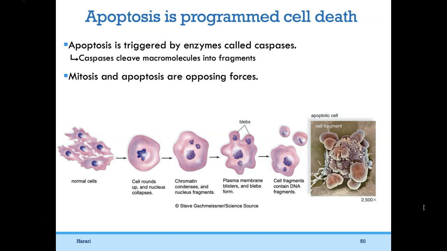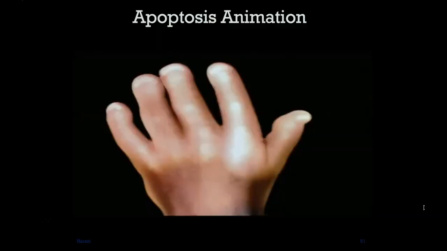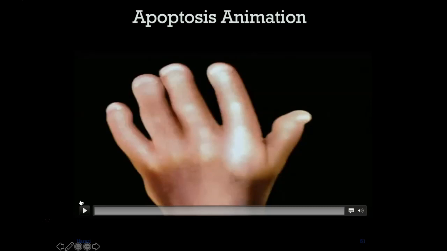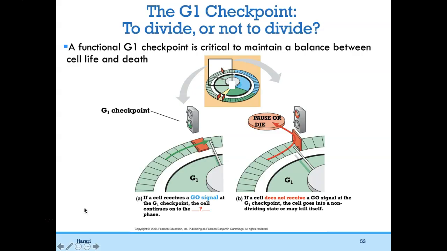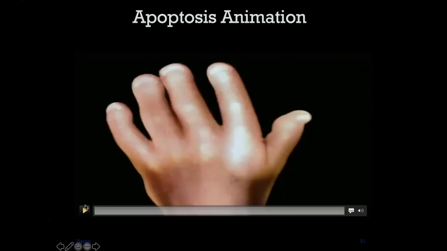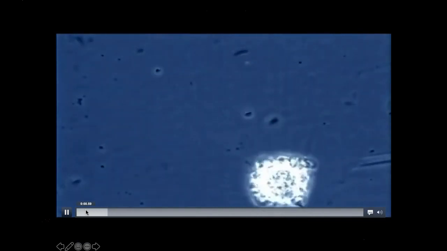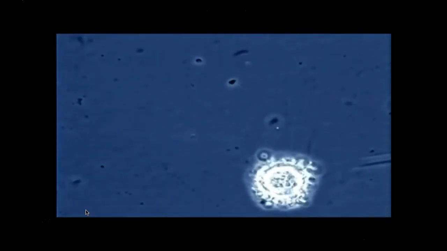And again, mitosis and apoptosis are opposing forces, right? Mitosis will increase cell numbers, apoptosis will decrease cell numbers. So all of this is required for homeostasis. Here's a quick animation on apoptosis. Under the microscope, we can see how cells are destroyed.